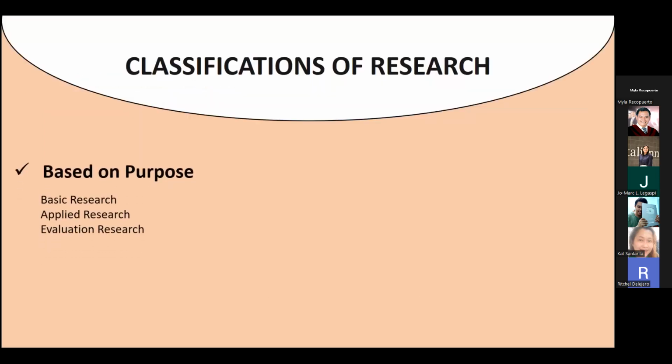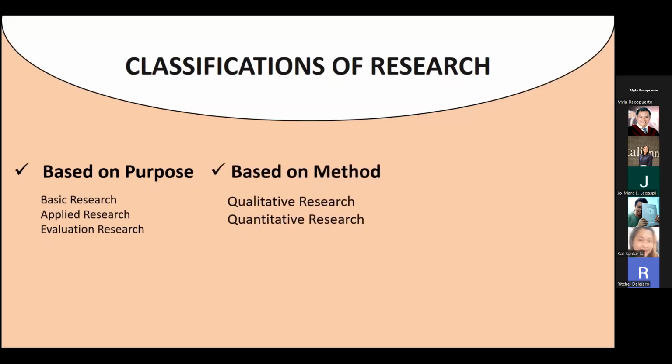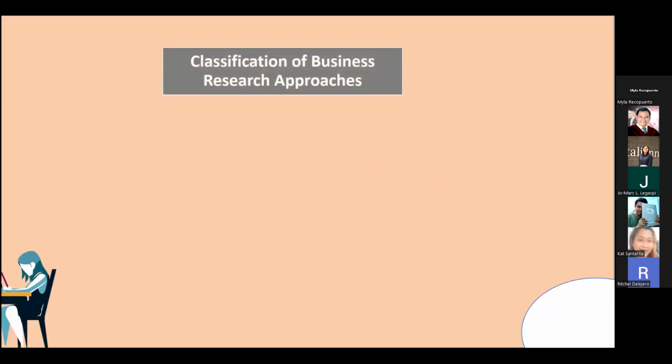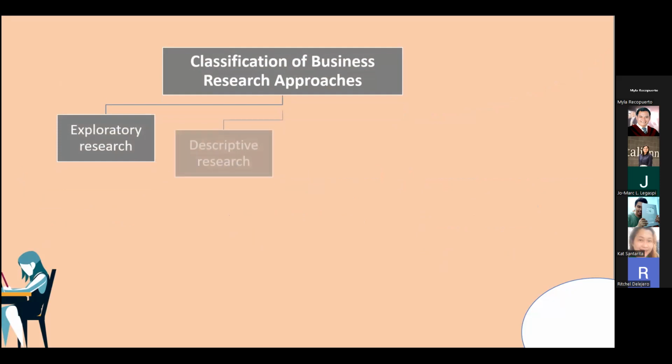So basically we now have an idea of the classifications of research: research based on purpose, based on method, and based on approach. Now, according to Dr. Morelli in her book Introduction to Business Research, she mentioned the common research designs in business.